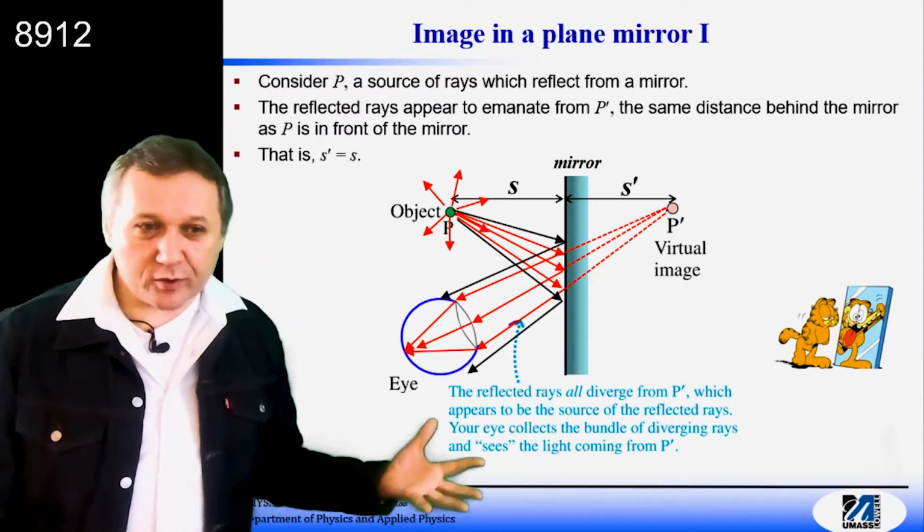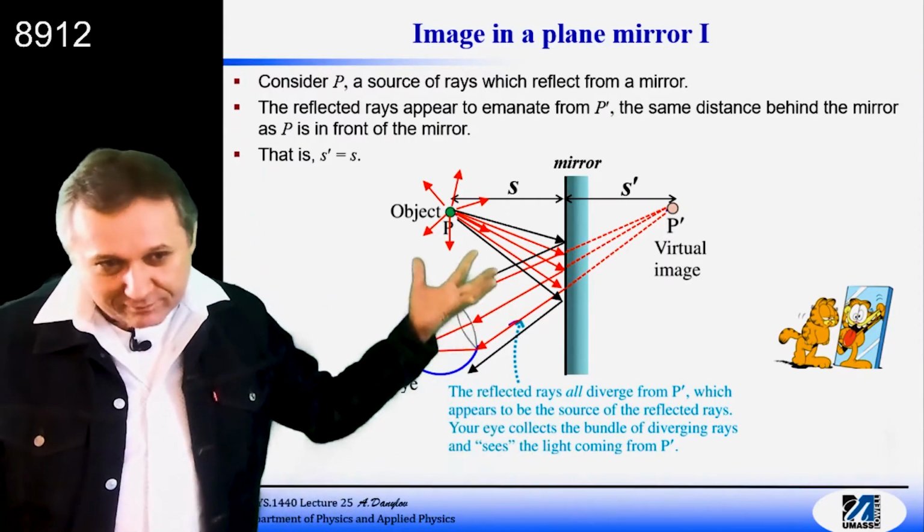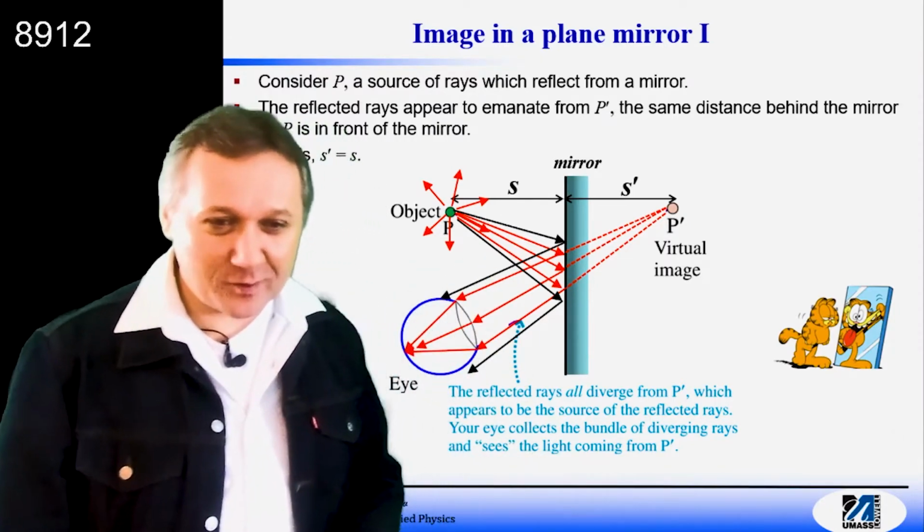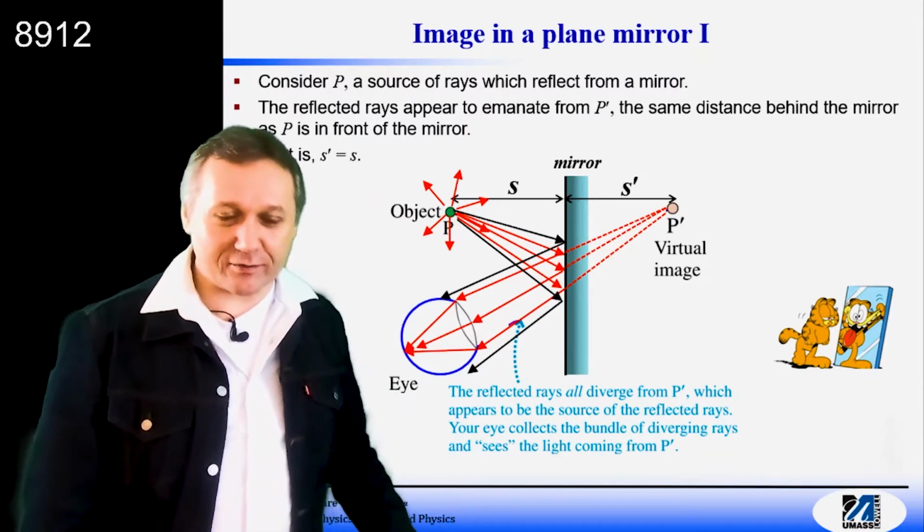And why do we know it's a virtual image? Because we're trained, right? We know that that is just a reflection.